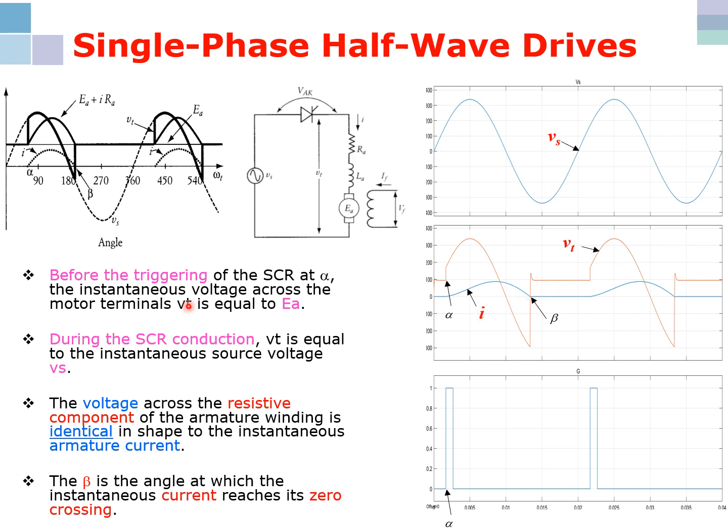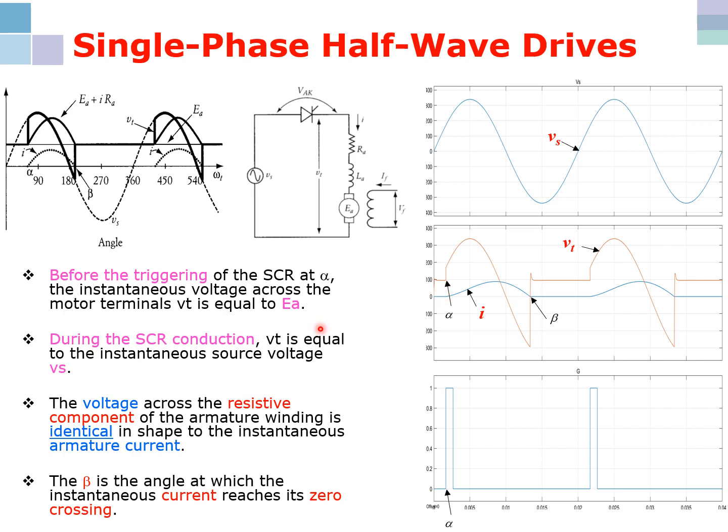So before the triggering of the SCR at alpha, the current is equal to 0, so the terminal voltage Vt is equal to the EA, which is 100 volts here.